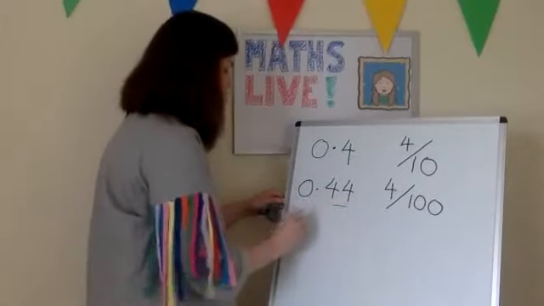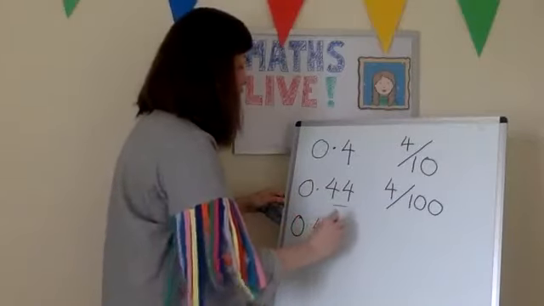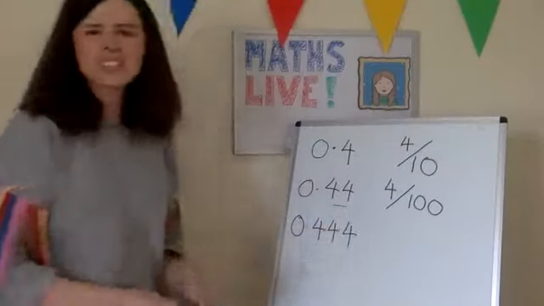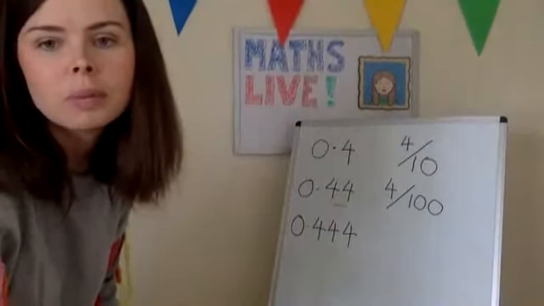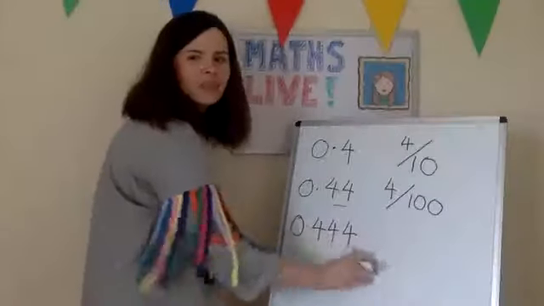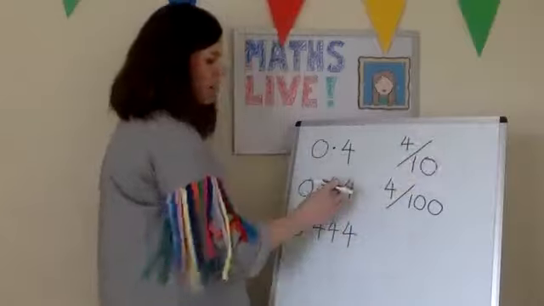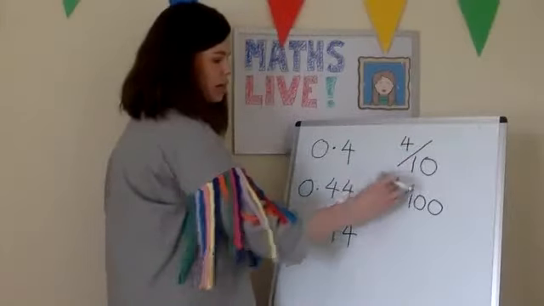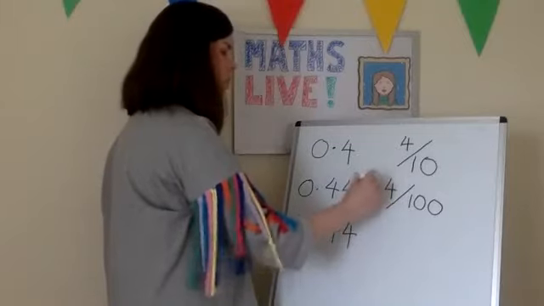If you still see this on the board, 0.444, where do you think that's going to go? I'm just going to close something that's come up on my computer. What do you think is going to happen here? If 4 tenths has got 4 over 10, and 44 goes to 44 over 100, oh, I made a mistake there.